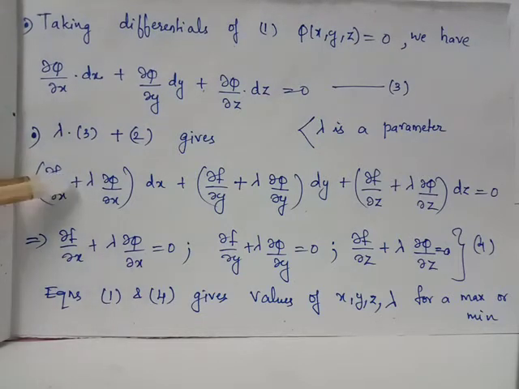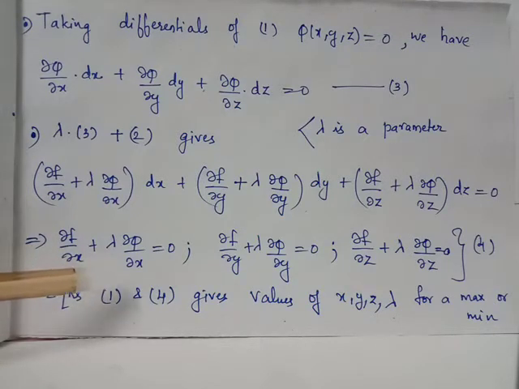Now from this expression we can see that we obtain the equations dou f by dou x plus lambda times dou phi by dou x equal to 0, and correspondingly we obtain the expressions for independent variables y and z. Dou f by dou y plus lambda times dou phi by dou y equal to 0 and dou f by dou z plus lambda times dou phi by dou z equal to 0.